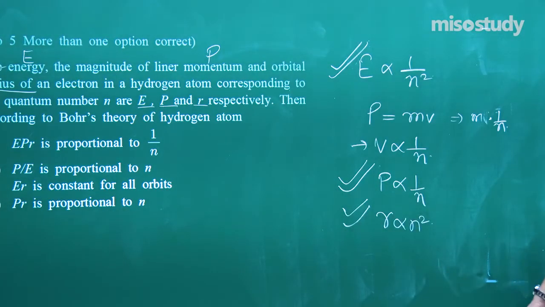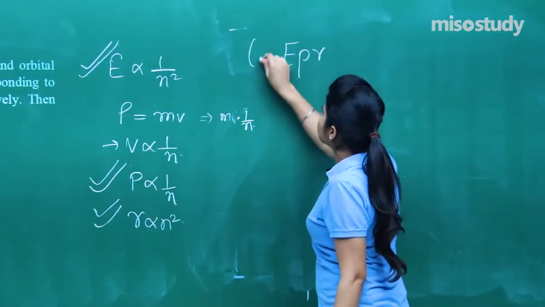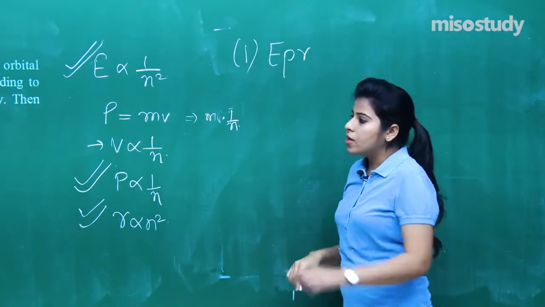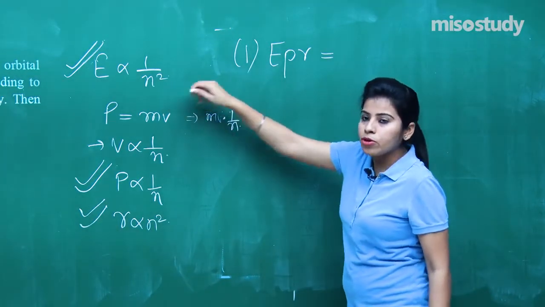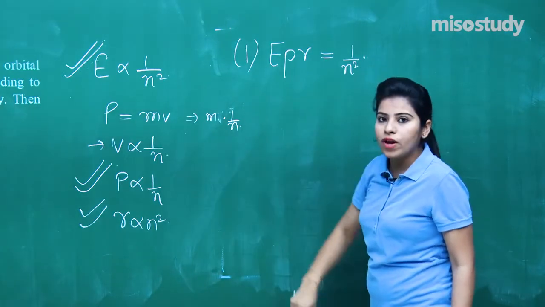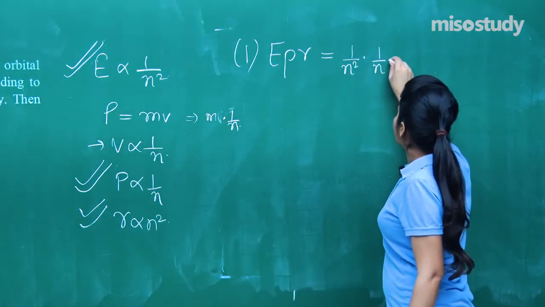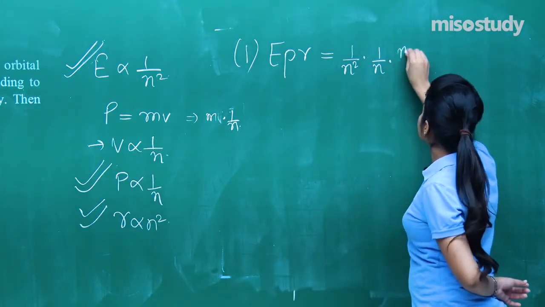What we will do now is take the product of E, P and R. We are dealing with the first option, EPR. Let me put in these values. E is proportional to 1 by n square. P is proportional to 1 by n. And R is proportional to n square.